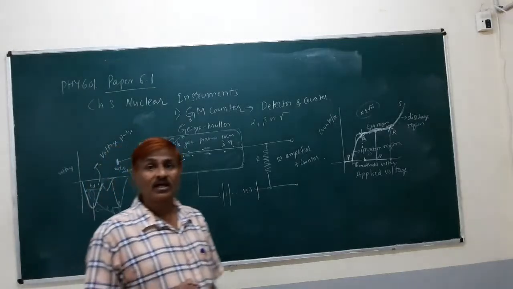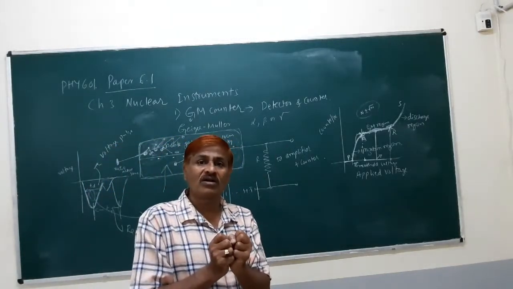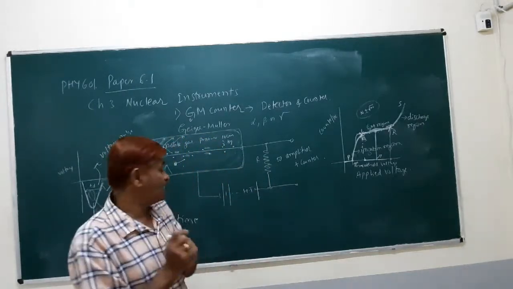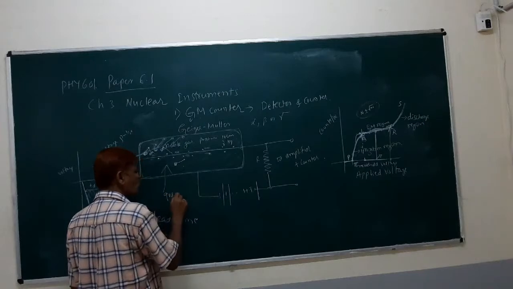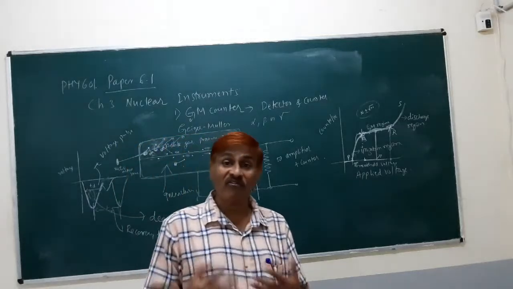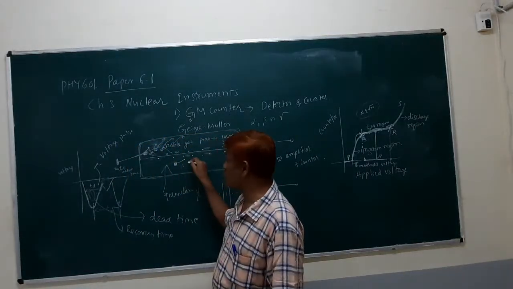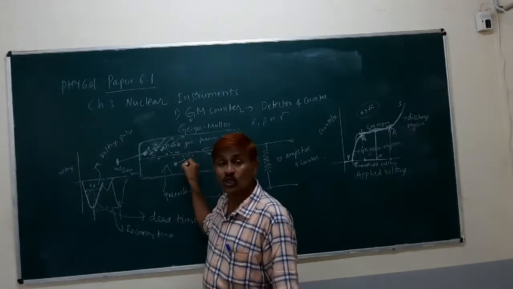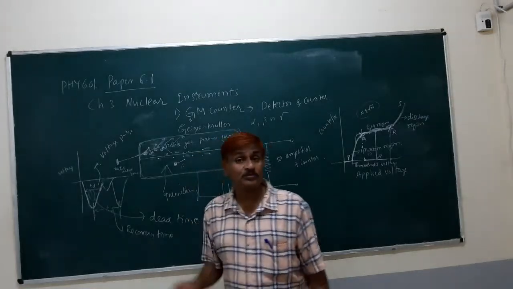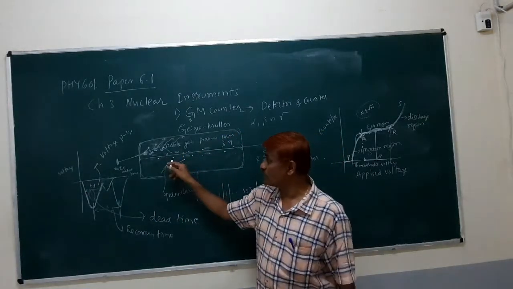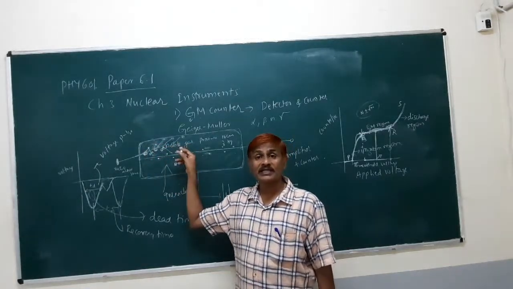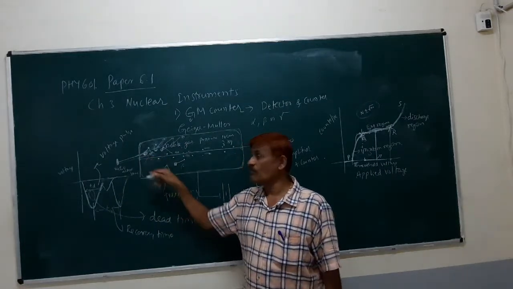That will stop further ionization in the chamber, and that process of stopping further ionization in the GM counter is called quenching. Quenching gas is mixed along with noble gas in small quantities to avoid further ionization.